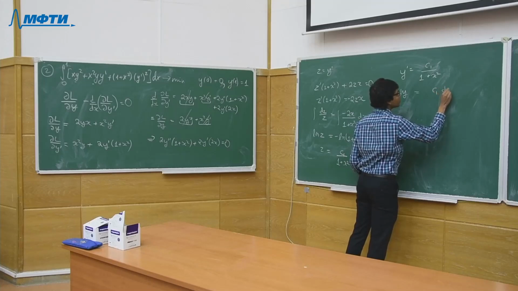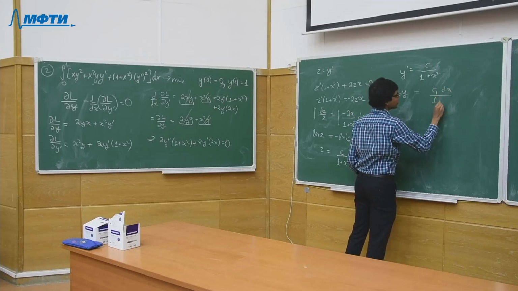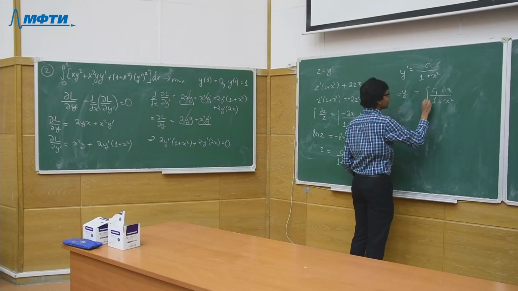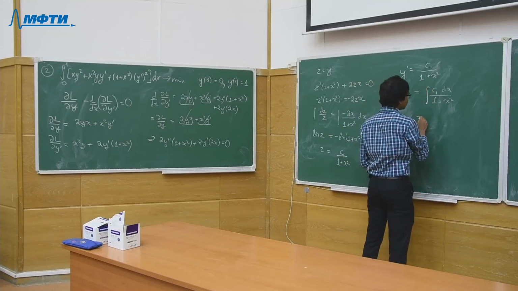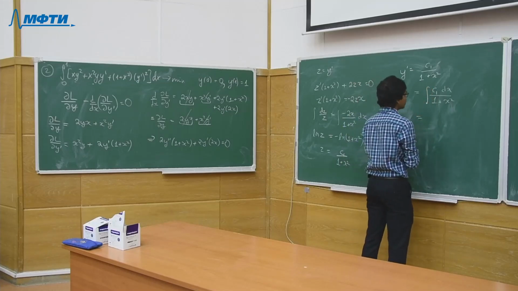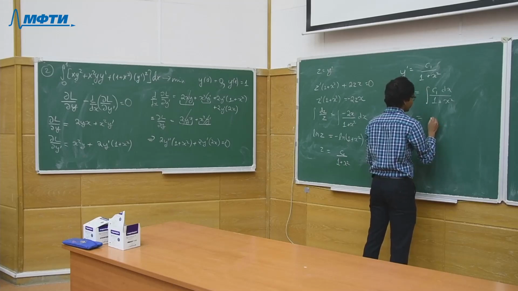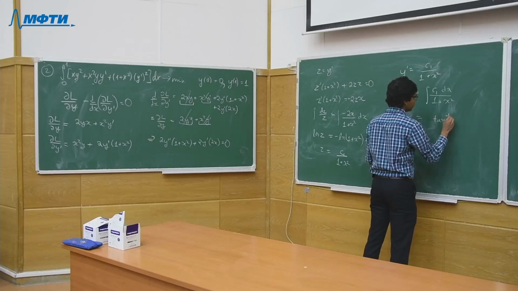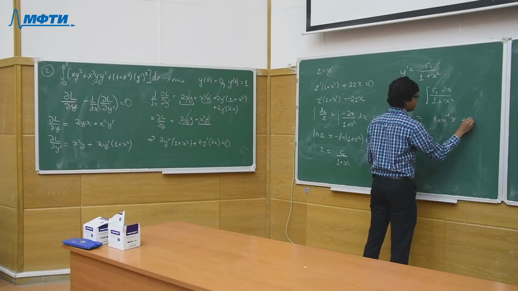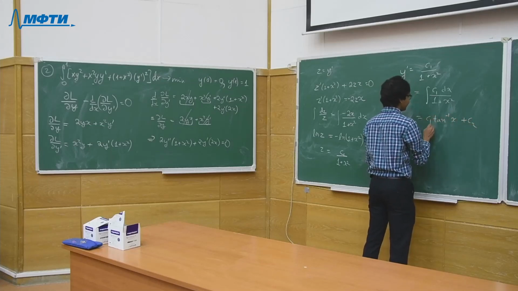Just integrate. You need not solve the equation. It is the same to solve the differential equation or to integrate. This gives arctangent, or tan inverse.